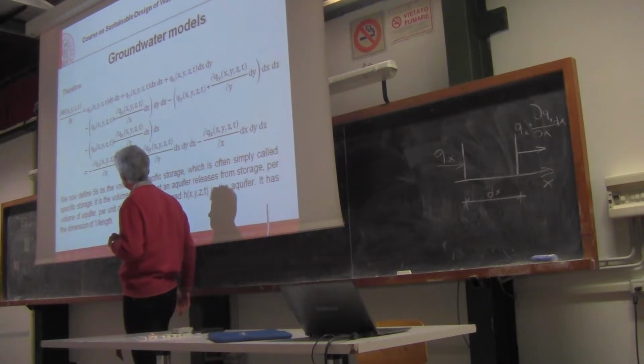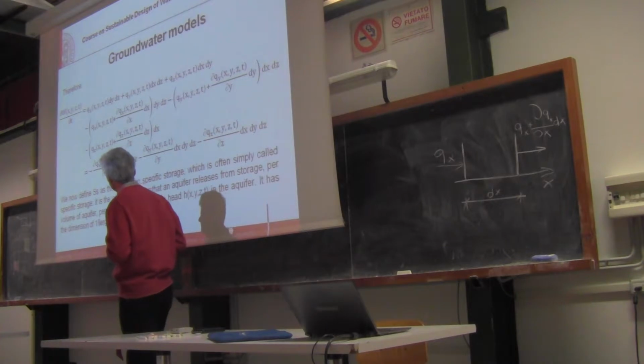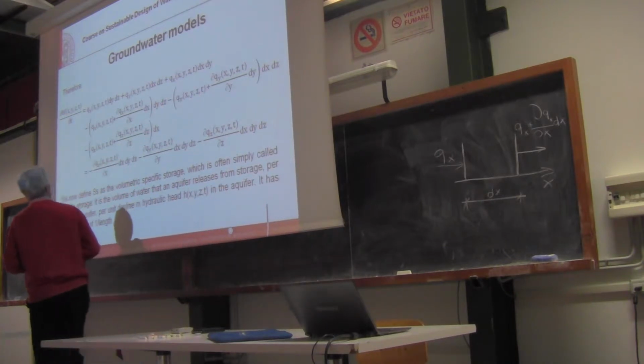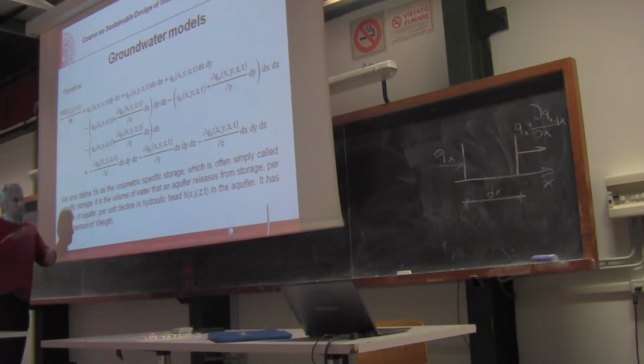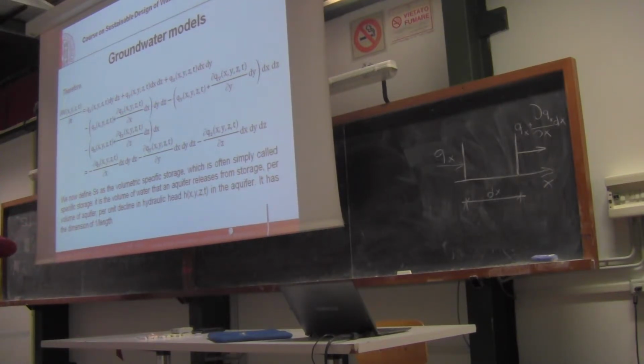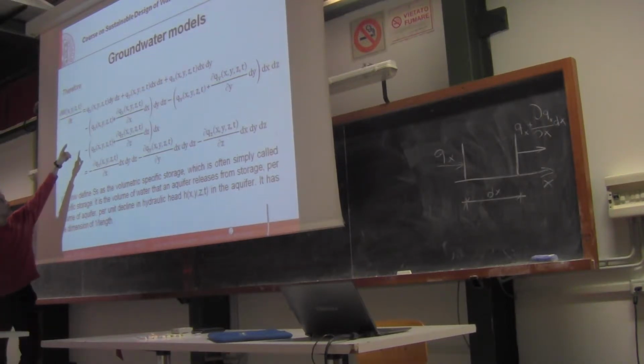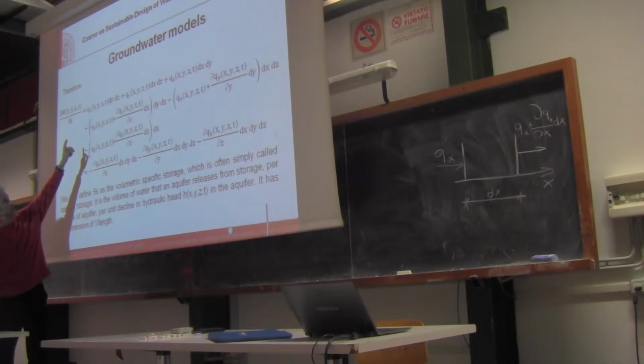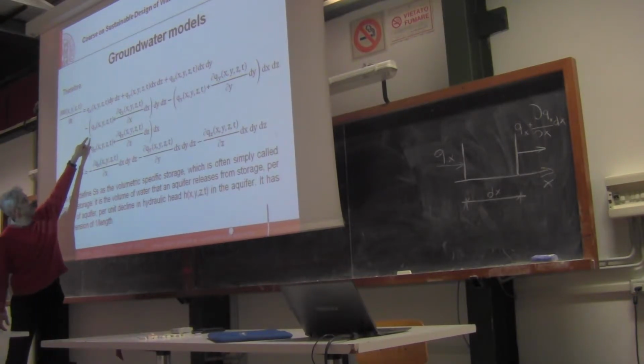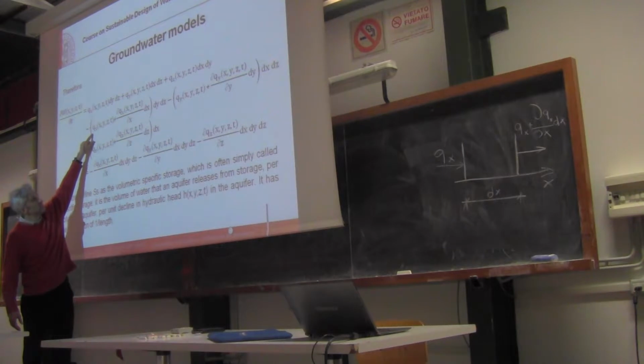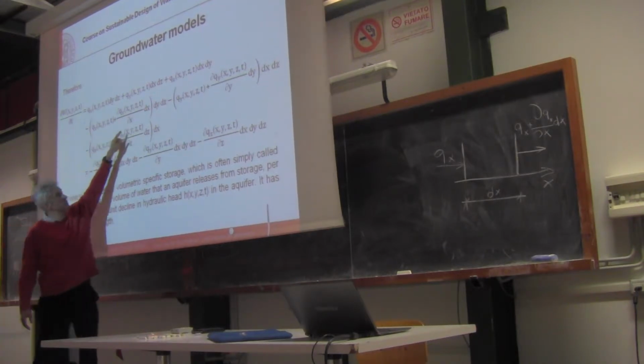Okay, and you may notice that there are terms that compensate each other, they eliminate each other. If you look at the terms lowercase qx times dy dz, it's the same term that is subtracted here, times dy dz.